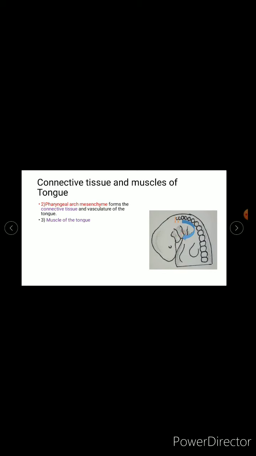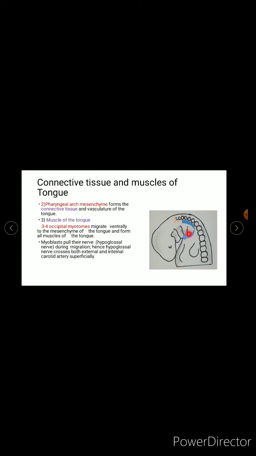Now, the connective tissue of the tongue is derived from the pharyngeal arch mesenchyme, while the muscles of the tongue are derived from the 3 to 4 occipital myotomes. The myoblasts migrate ventrally along the epipericardial ridge to the developing tongue rudiment.